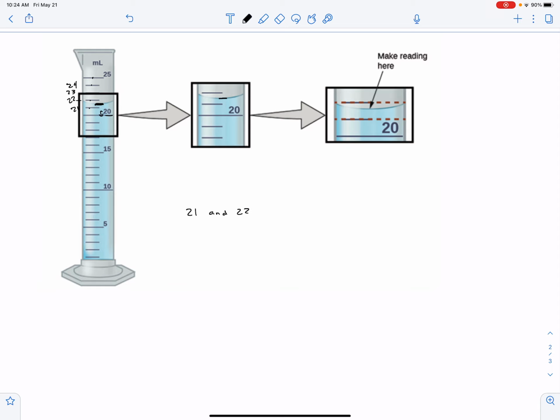Now, if we go over to this last side and we see this little line right here, you may see this differently than someone else sees it. So you might say that looks for sure to be 21.7. And your lab partner might say, no way, that's 21.6. And then someone else might come over and look at it straight on and they might say, no, that's 21.8.